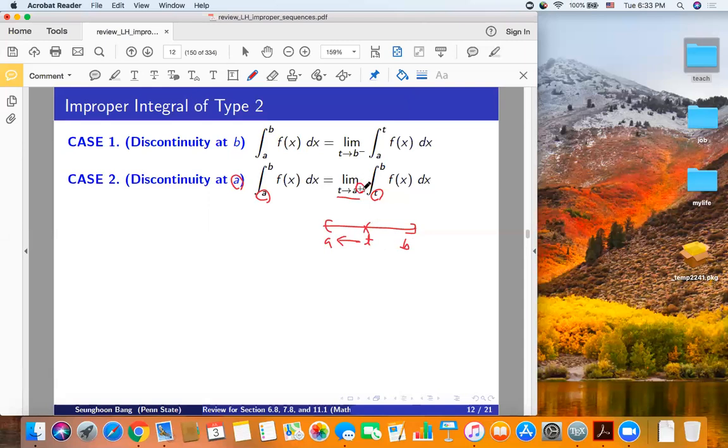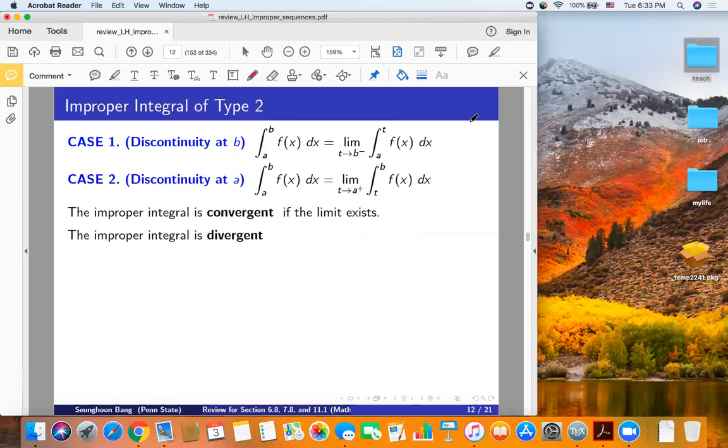You can use a positive sign like this. The improper integral is convergent if the limit value exists. What does it mean? The limit is finite. The improper integral is divergent if the limit does not exist.